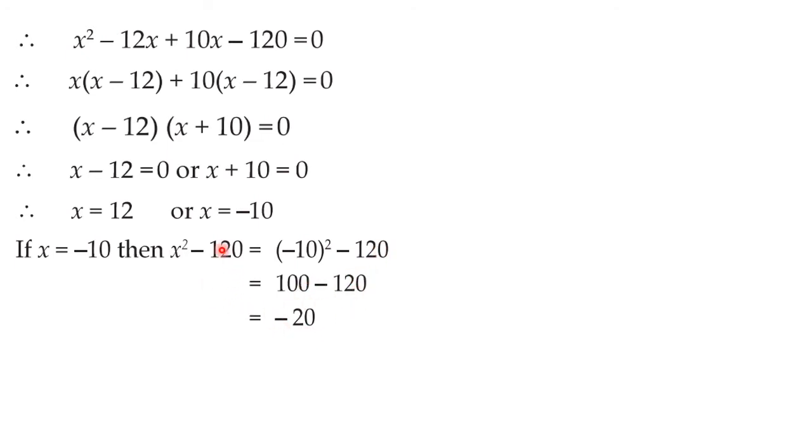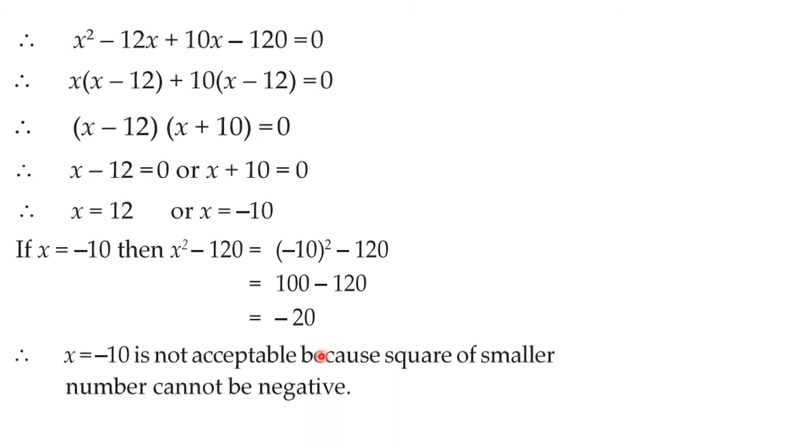See, this denotes the square, and we know that a square is never negative. Therefore, x is equal to minus 10 is not acceptable. And from that we can write down that the value of x is 12. That means the bigger number here is 12.